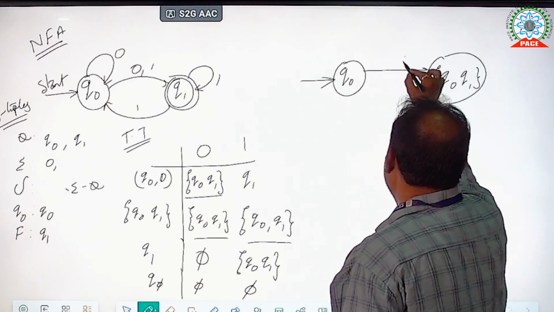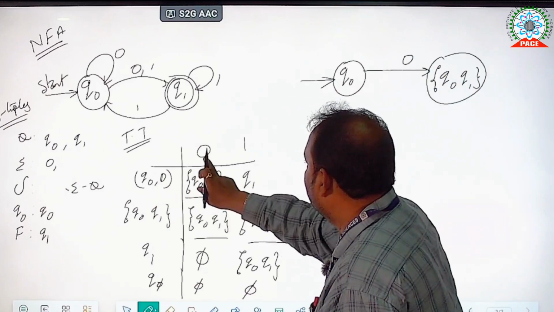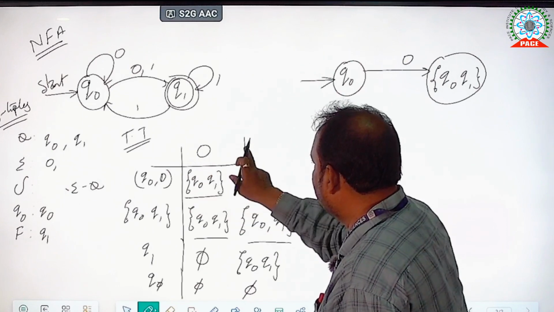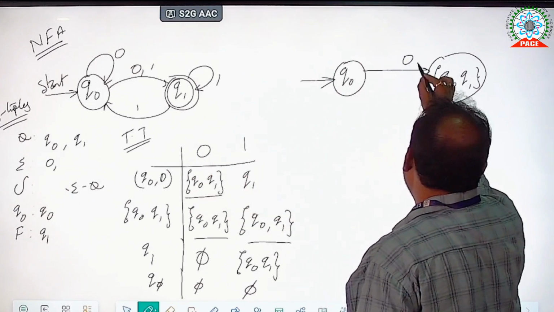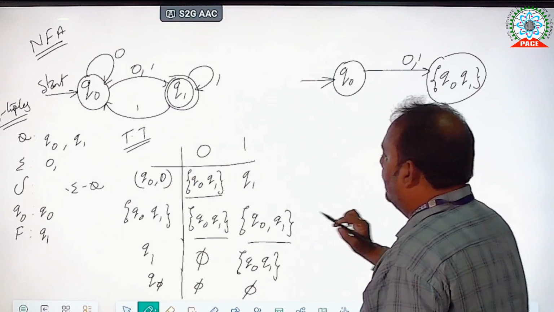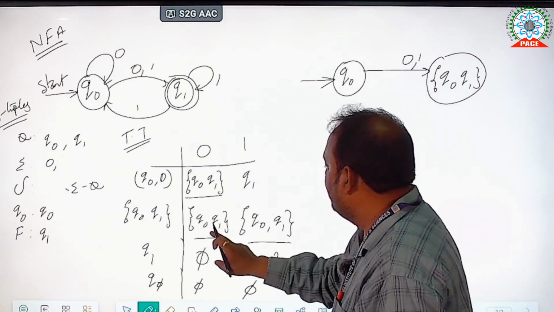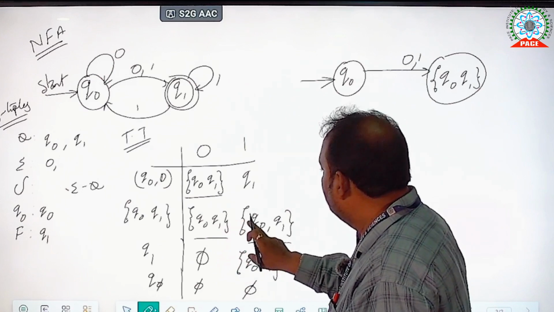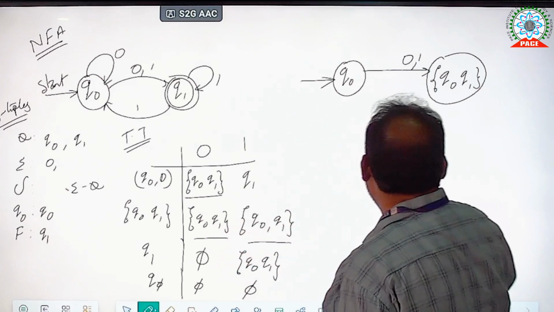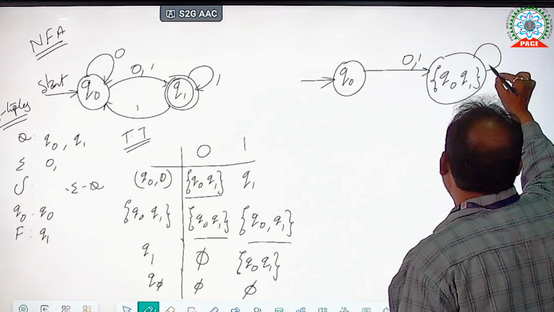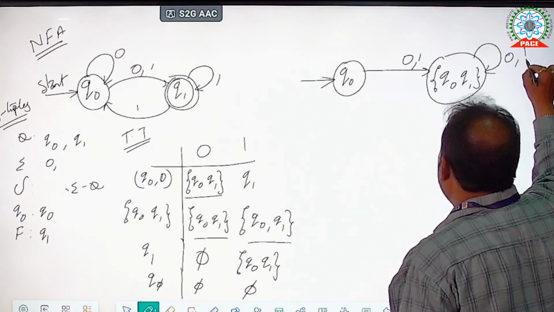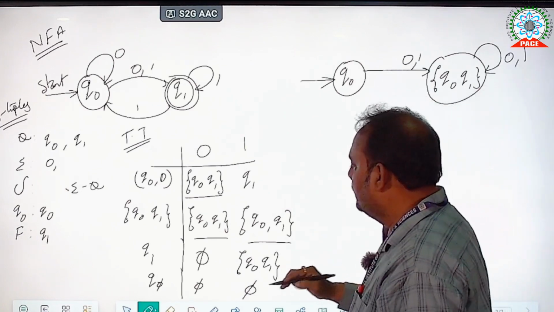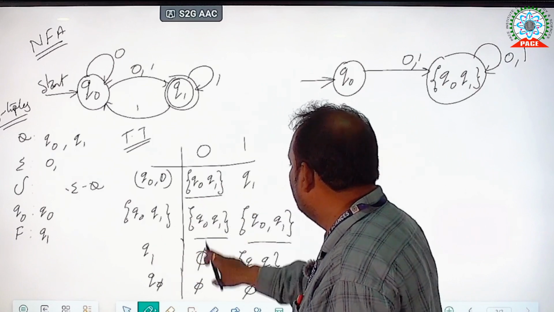Again Q naught has the zero transition, and with the one transition it reaches Q1. Again Q naught and Q1 reach Q1 and Q2. The next, Q naught into Q1, has self transitions 0 comma 1. So Q1 is having 0 pi.